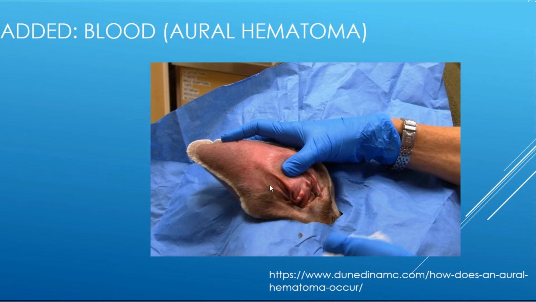In this case, it's actually blood. So there is blood filling this sort of pocket within the ear. And overall, what happens to the tissue when you add something? It gets bigger, right? And you can even see it starting to get a little bit extended, a raised type of lesion, whereas normally dog ears are pretty flat.